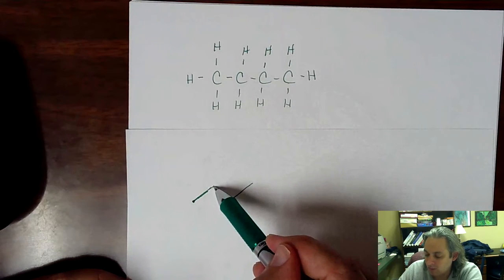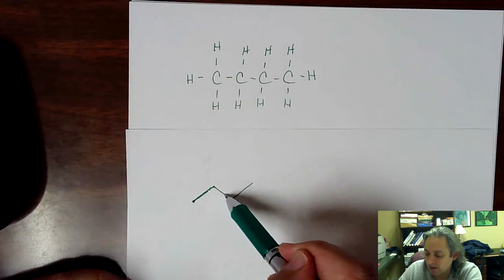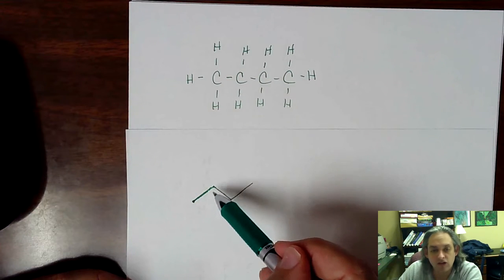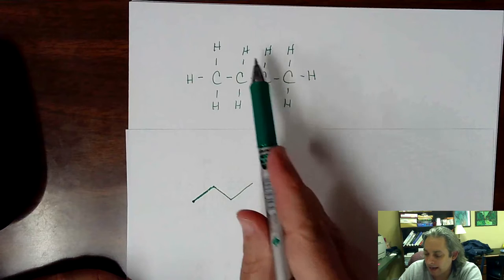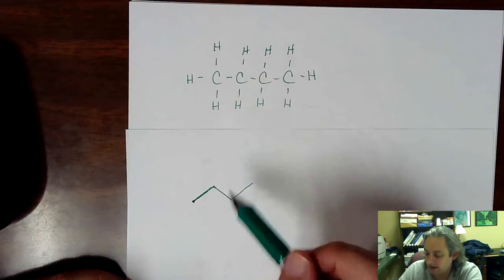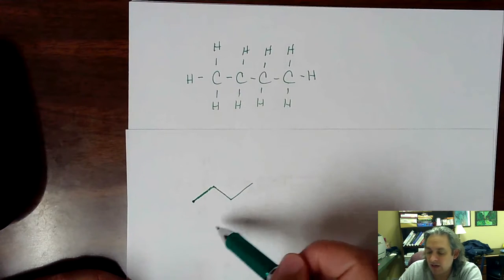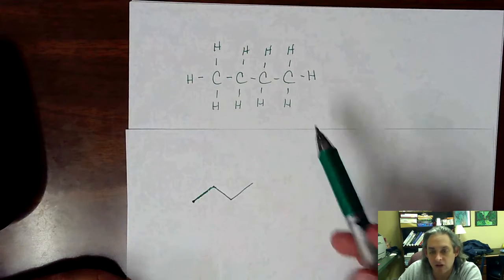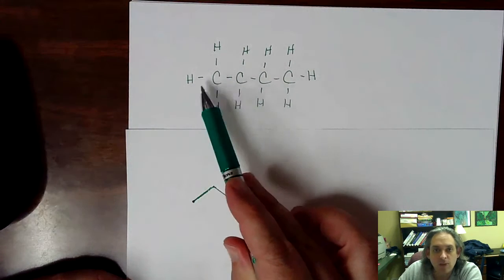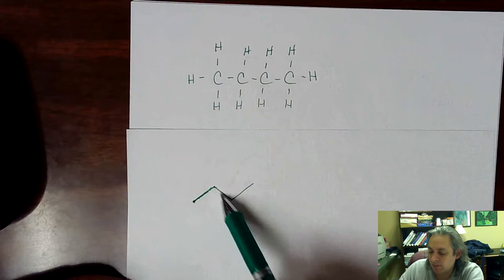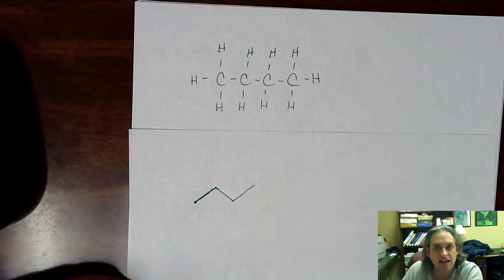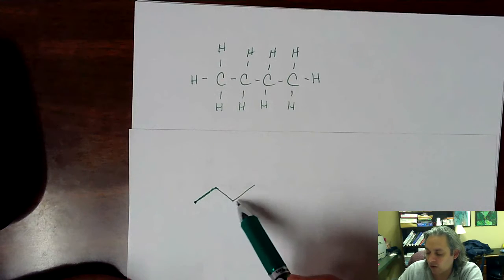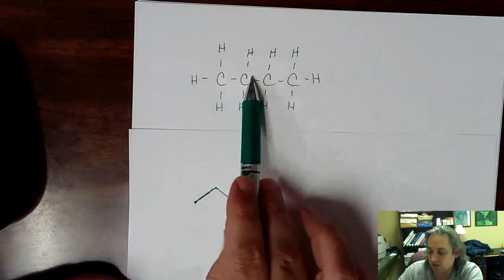Here, at this point, we have 2 bonds, and so that means there are 2 that are not shown. That represents these 2 hydrogens. And so this right here is a shorthand representation of this molecule. So rather than writing all these carbons and hydrogens, we can simply draw this zigzag line which has 4 points to represent the 4 carbons.